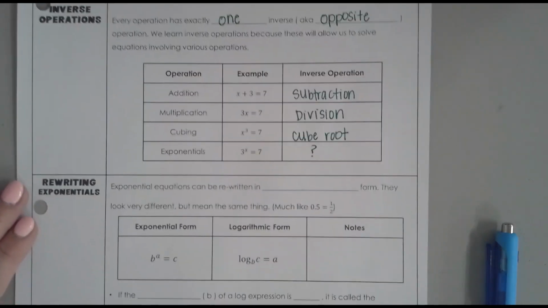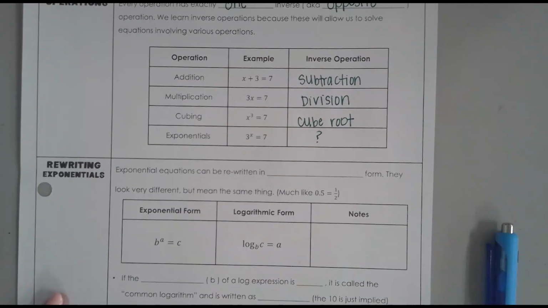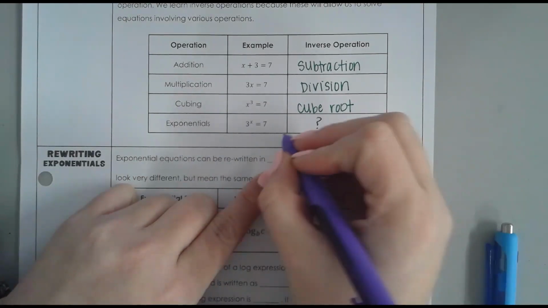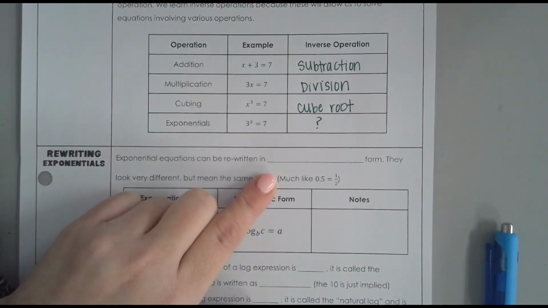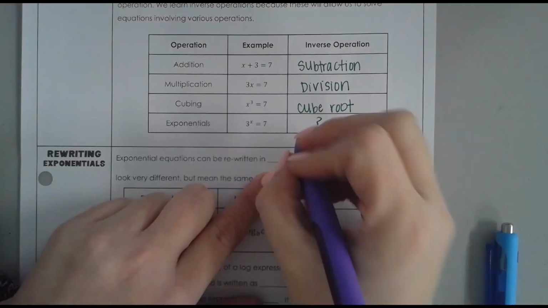When you have an exponential, meaning your variable is in the exponent, we can rewrite them into a different form. And rewriting them in this new form helps us to solve the equation. That form is called logarithmic form.